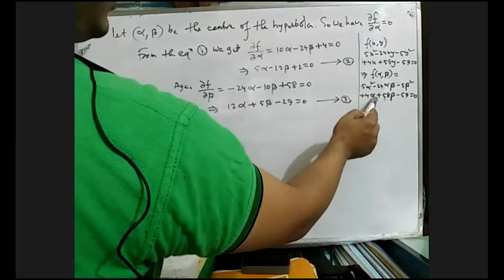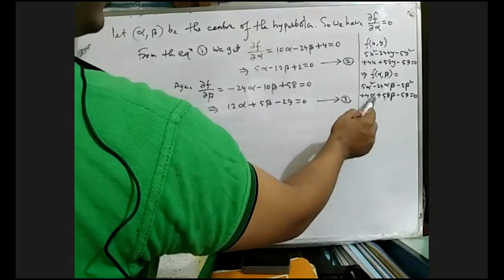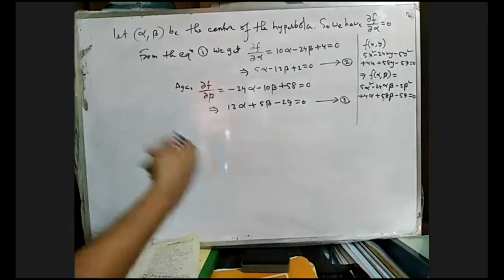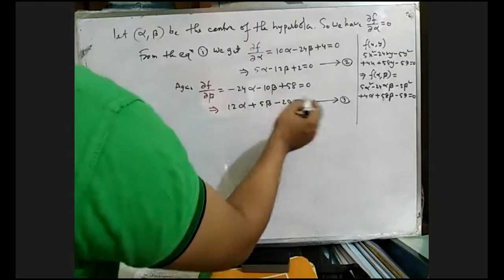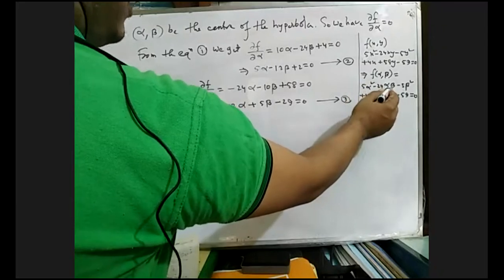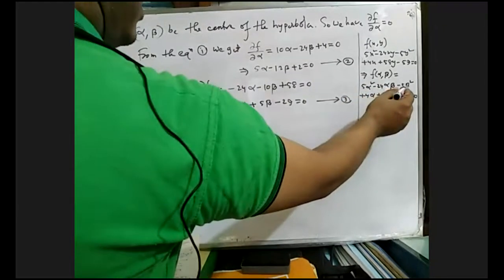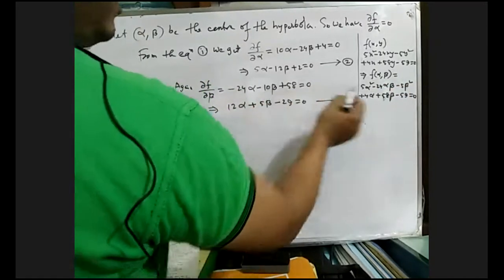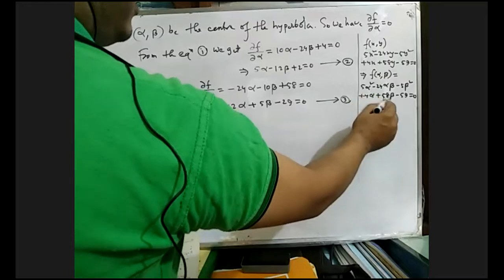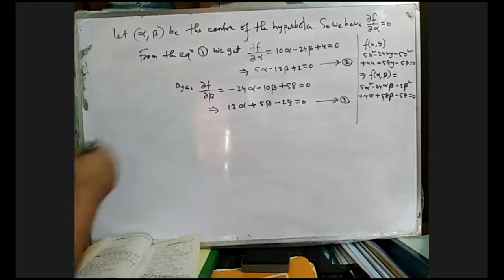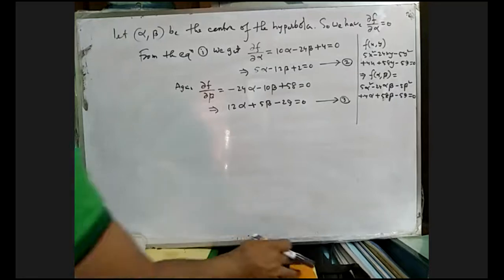Similarly with respect to beta, we get minus 24 alpha minus 10 beta plus 58. So from equations 2 and 3 we can solve it.